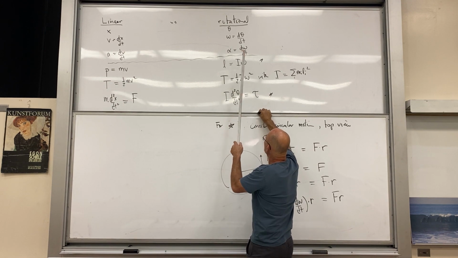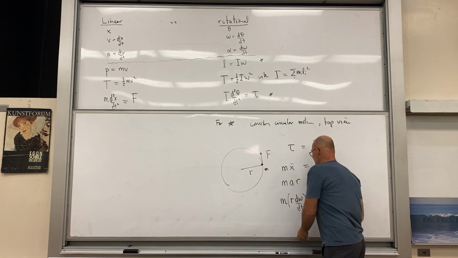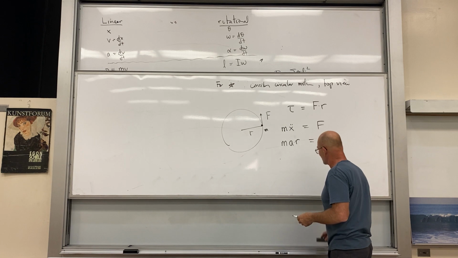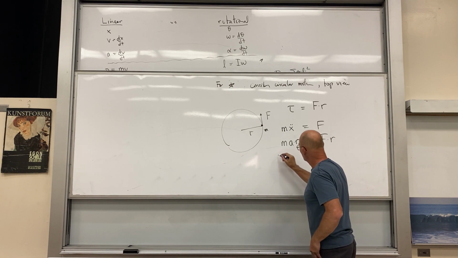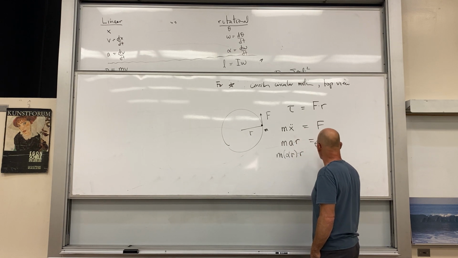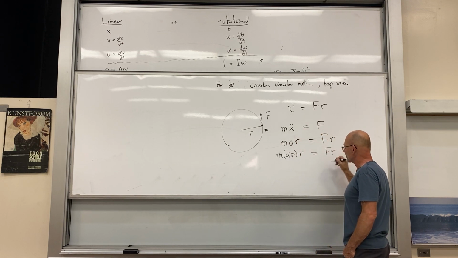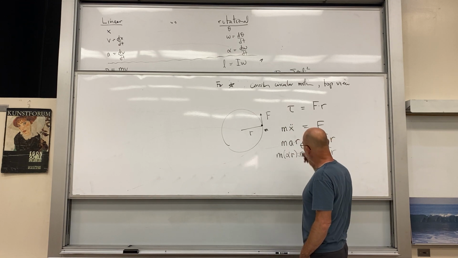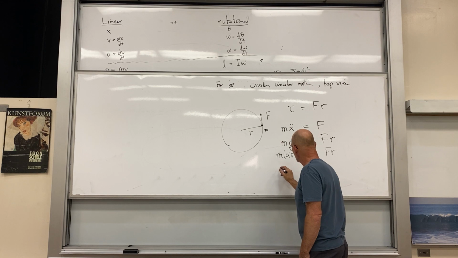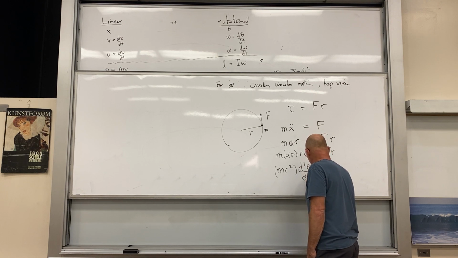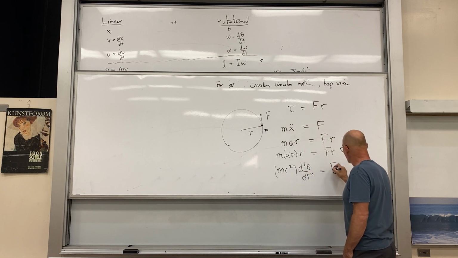Well, I've got the distance step here. We have m alpha r times r is equal to f times r. And this alpha is the d omega dt, or the d squared theta dt squared. So we have m r squared d squared theta dt squared is equal to f times r.